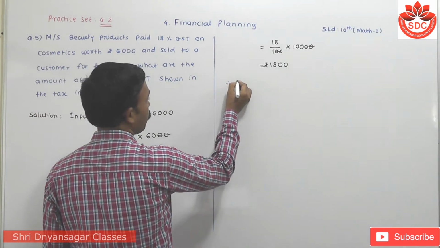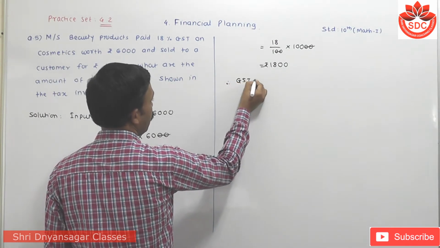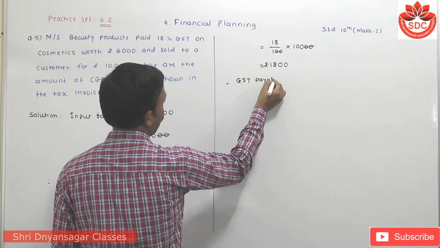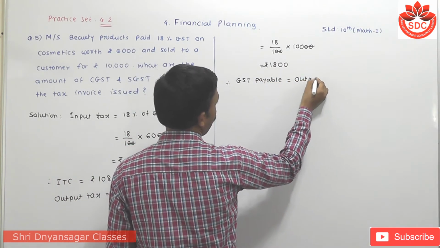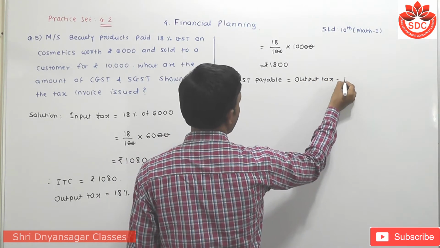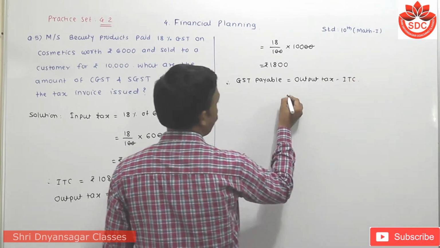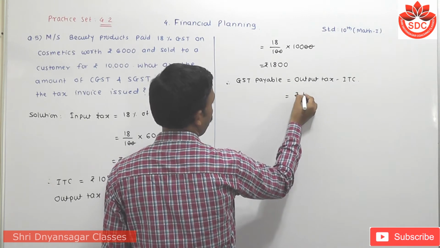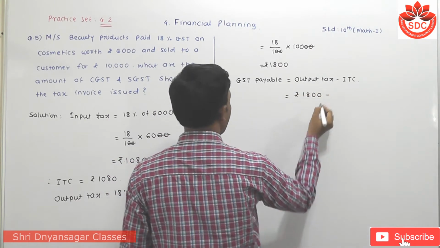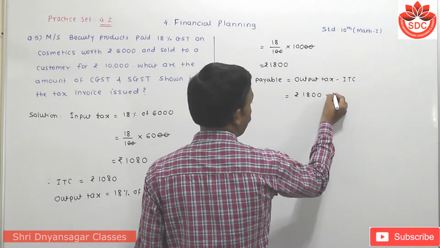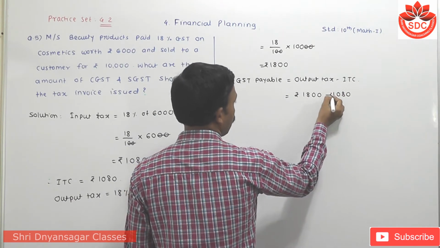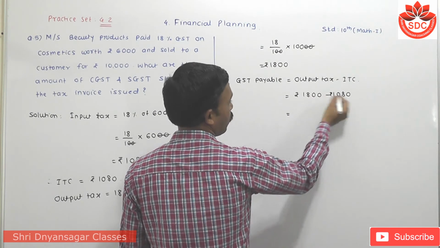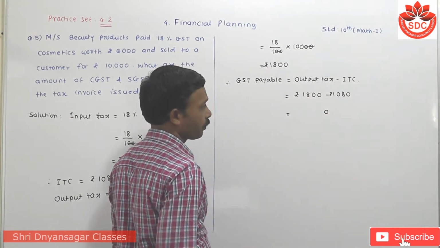Therefore, GST payable is equal to output tax minus ITC, that means rupees 1,800 minus ITC 1,080. In this subtraction, the 0 is as it is.